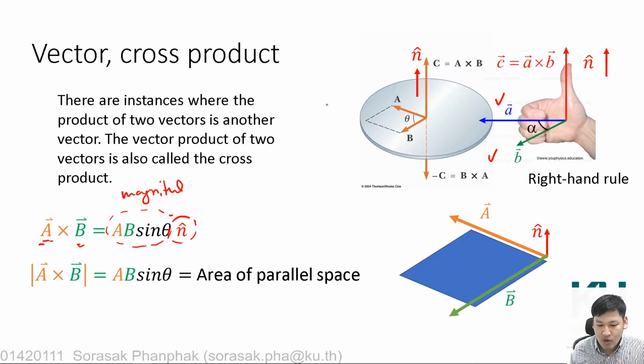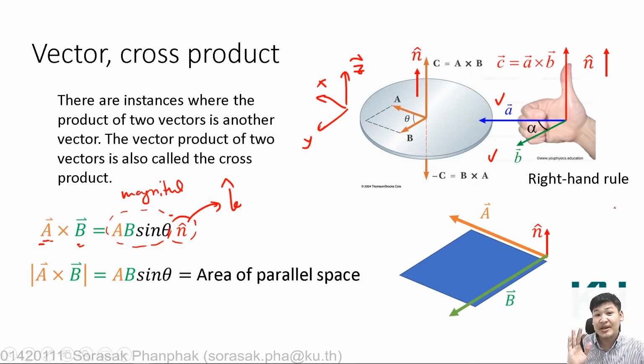If this cross happens in X and Y, then when you cross it, it points out in the Z direction. So vector N can be K, for example, in this case. However, we can use determinants to operate and find out the direction later.